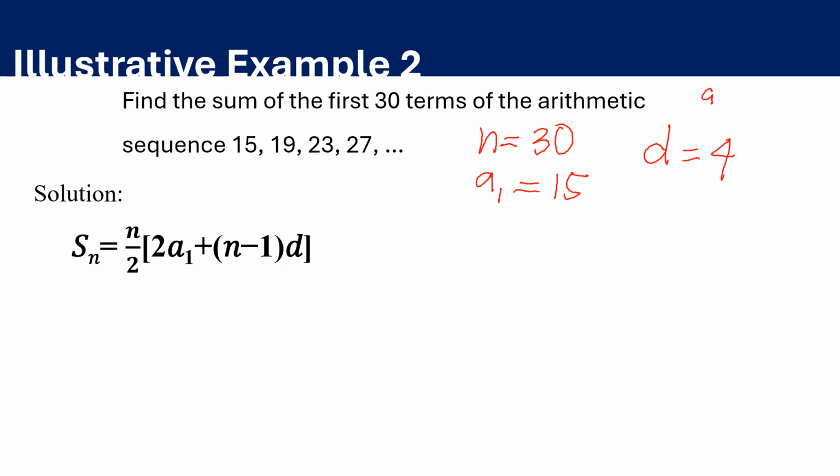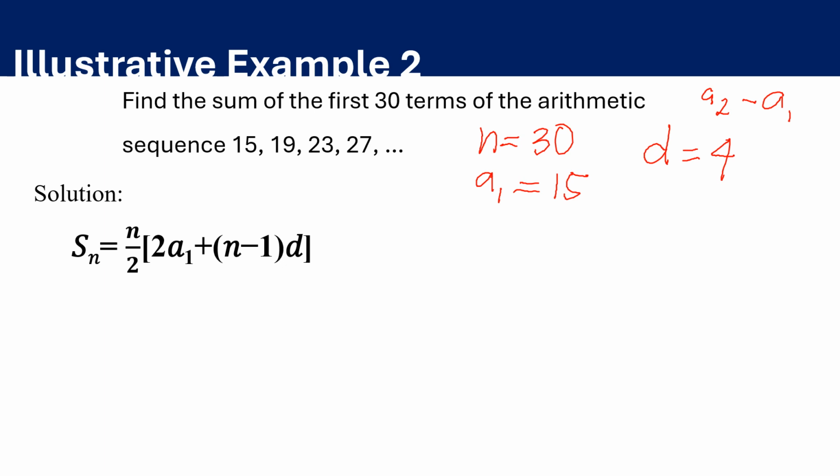Again, that would be a sub 2 minus a sub 1, since we already know that this is an arithmetic sequence. So a sub 2 is 19, your a sub 1 is 15, 19 minus 15 is 4, so therefore the common difference is 4. Now let's apply those given values in the formula.